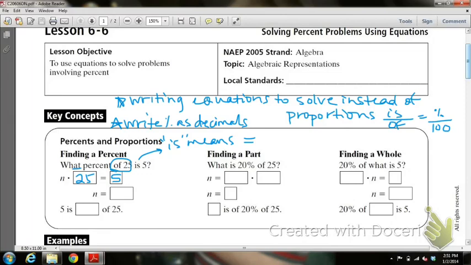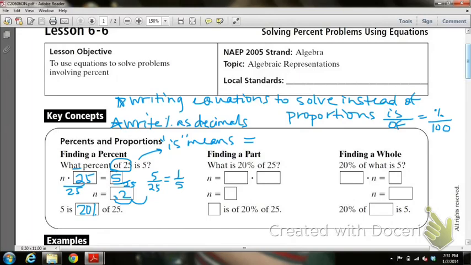Well, it'll have to be small. So I would divide both sides by 25. And 5 over 25 reduces to 1/5, which is 0.2. So let's turn that decimal back to a percent. So 5 is 20% of 25.